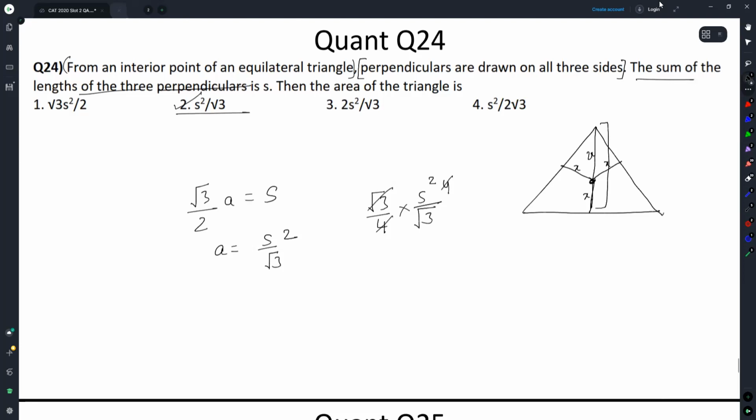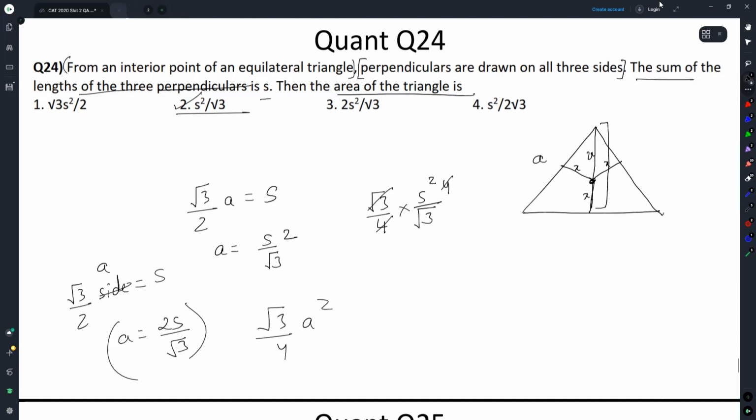The altitude of an equilateral triangle is given by √3/2 times side. This is equal to s according to the question. I've taken the side as a. So √3/2 a is this. So a is equal to 2s by √3. Now, because I need the area of the triangle, all I have to do is √3/4 a squared.